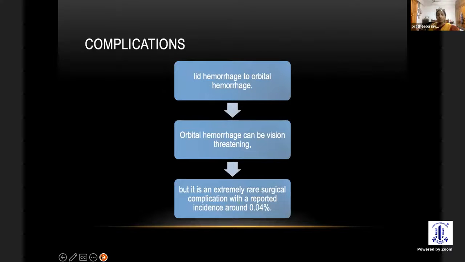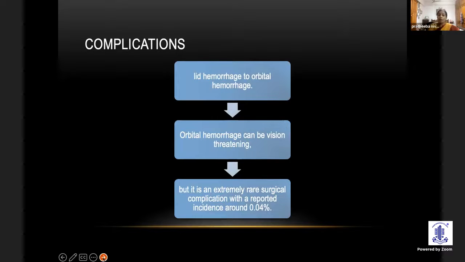So what can happen if these anticoagulants are not stopped? It can cause a simple lid hemorrhage or prolonged bleeding, up to a dreadful orbital hemorrhage. A dreadful orbital hemorrhage can lead to vision-threatening complications. Though rare, it should be kept in mind.